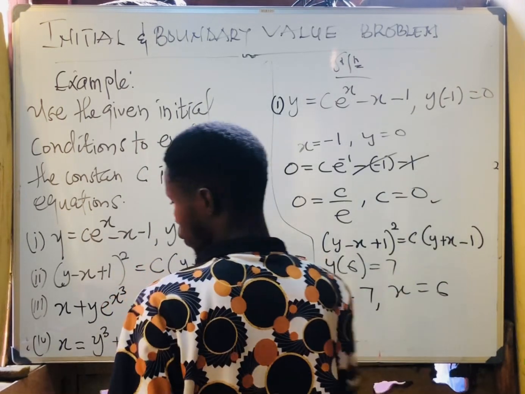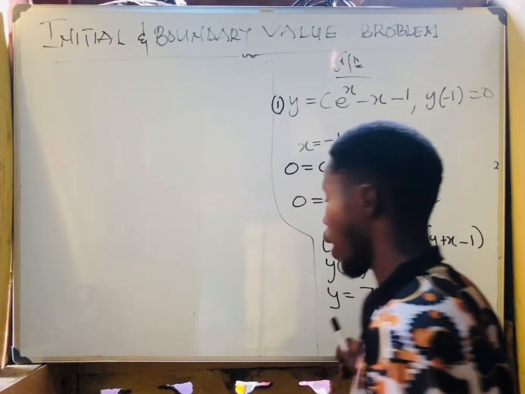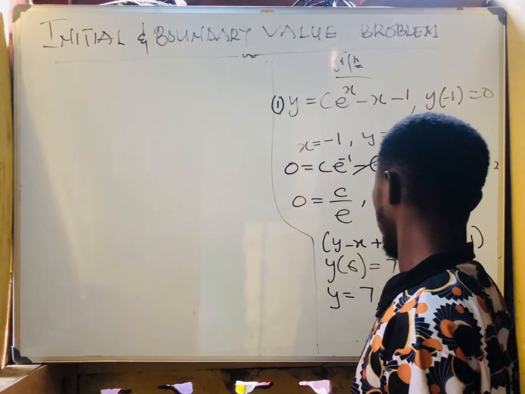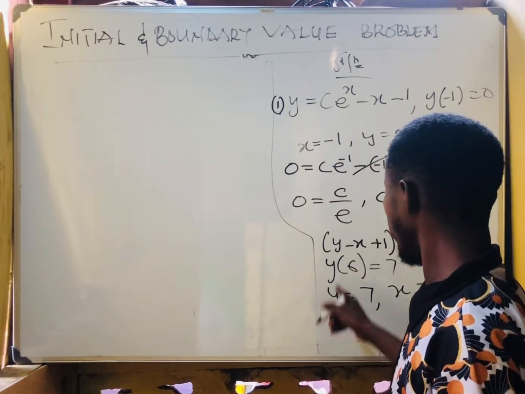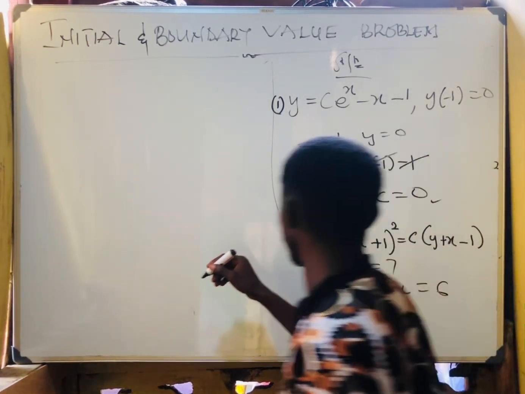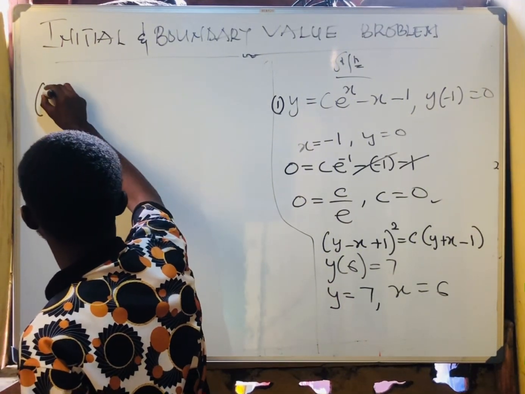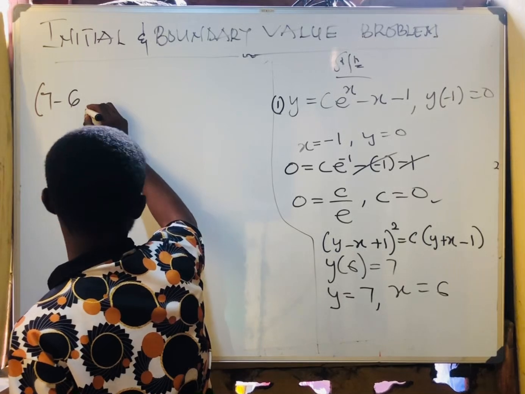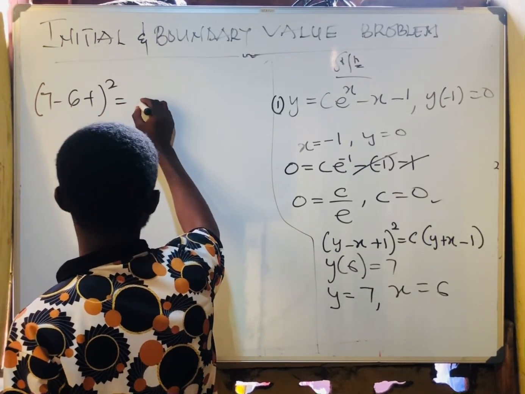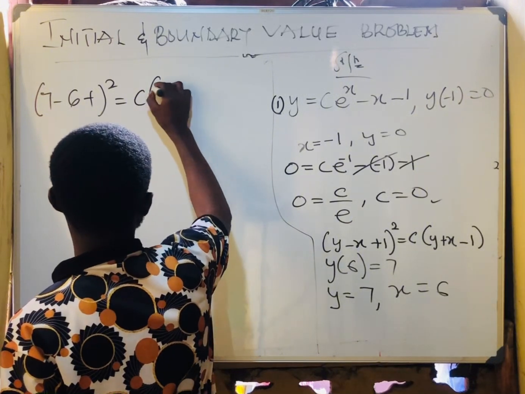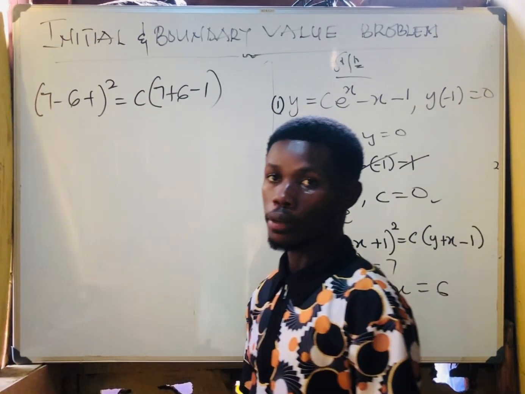Is that okay? So wherever you see y it is 7, and x is 6. So I have (7 minus 6 plus 1) all squared equals c(7 plus 6 minus 1).